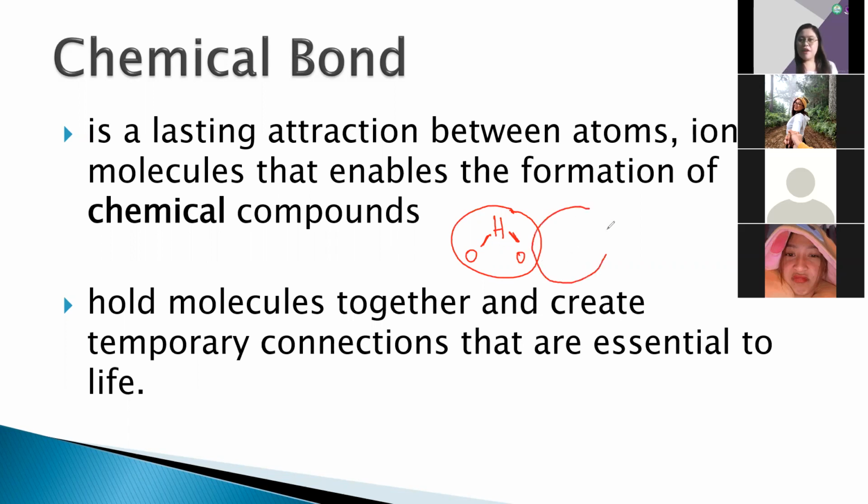And then you have another molecule here na meron pa ring H and then baliktad. Alam ko there is something wrong. Dalawang hydrogen. And then you have another molecule here. Merong dalawang hydrogen and oxygen at the center.